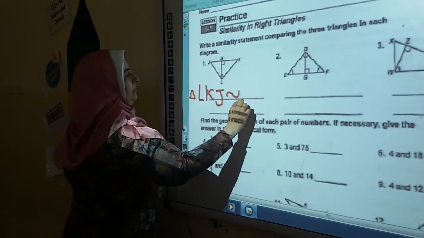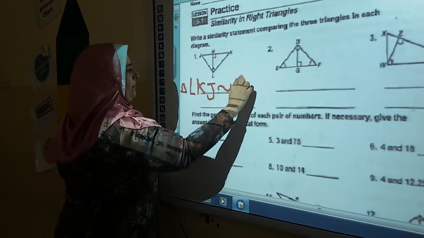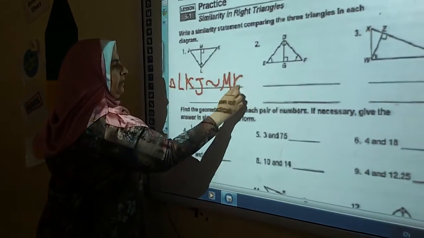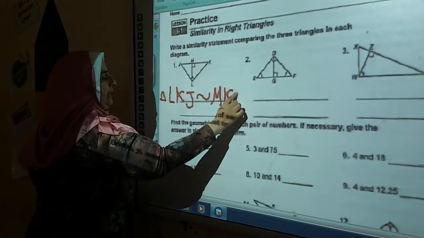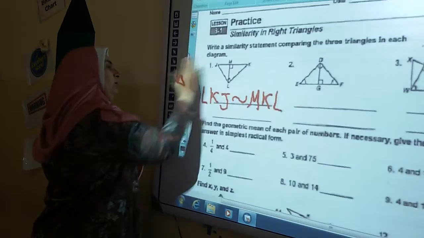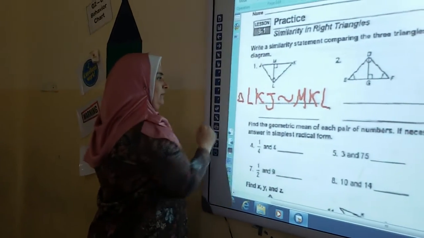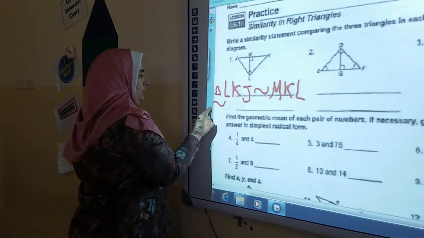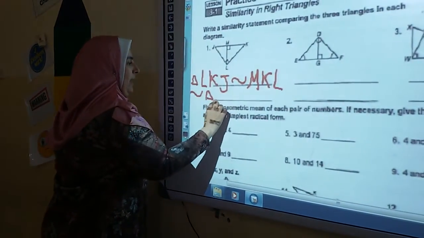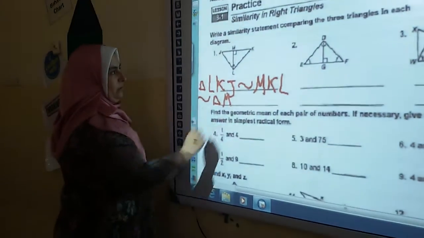Starting with M. M is the right angle, so M. And K is common, so it's K. And the third letter is L. Very good. Do I have a third triangle here? Yes. The smaller one on this side, on the left side. So similar to the triangle, we're going to start with the right angle, which is M. Very good.